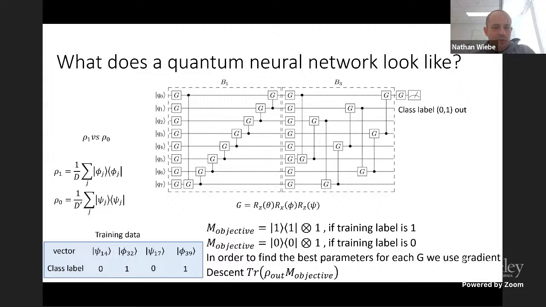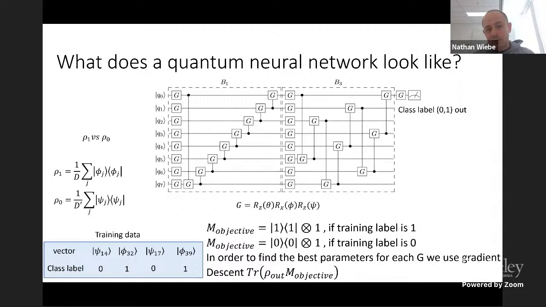For example, rho 1 might be a mixed state of the form a sum over all these phi j's over here, and rho 0, which is a state that could be in class 0, would be a sum over all of these psi j's. The basic idea is that we would have these two distributions, which might be a uniform distribution over training examples.